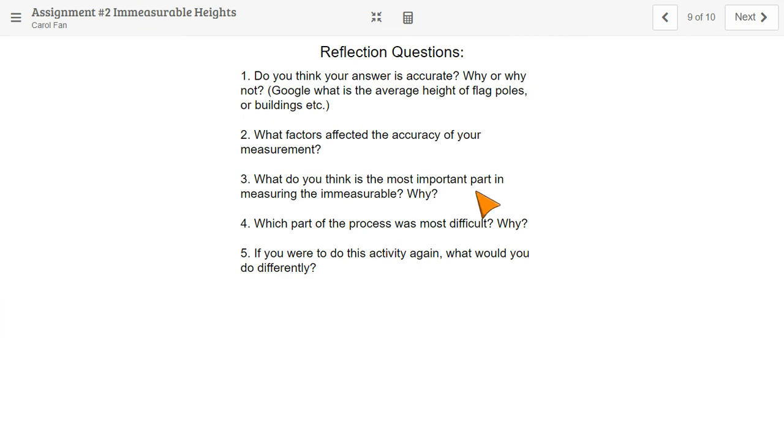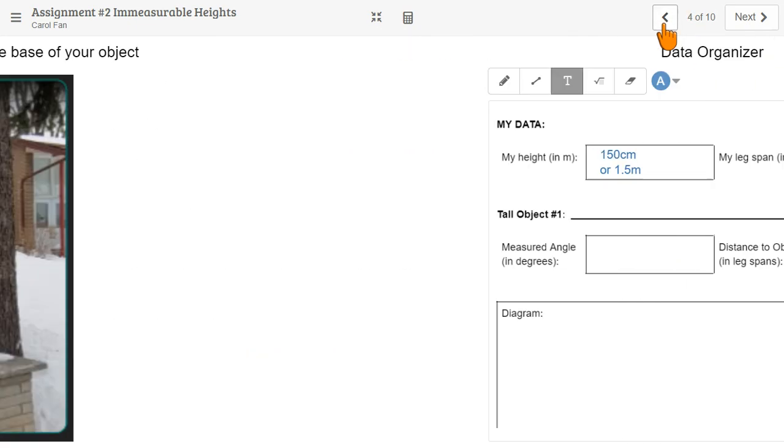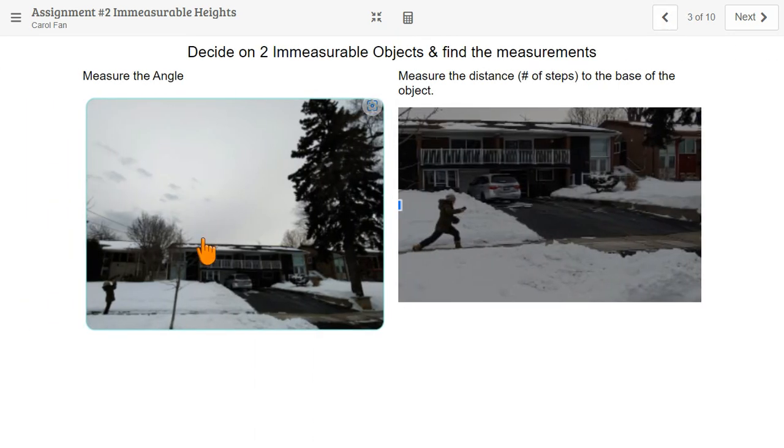Okay, now you're ready to go outside to measure, and you're doing what was done here. Take your object, measure the angle, measure the number of steps that it takes to get to the base of the object. So be very careful that when you're doing this, you want to find something that's flat.